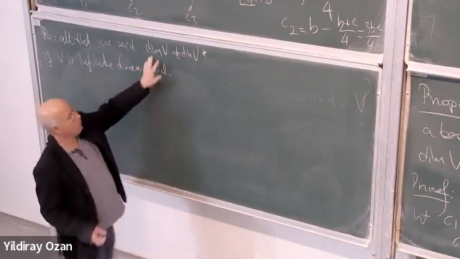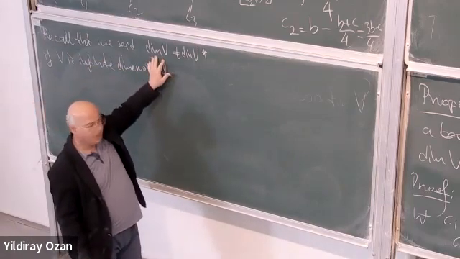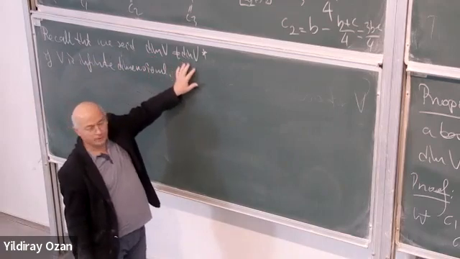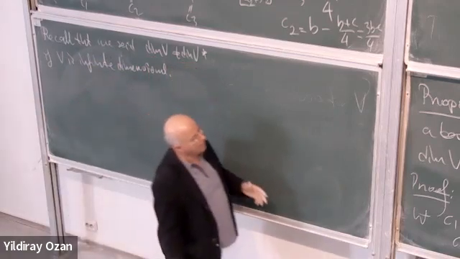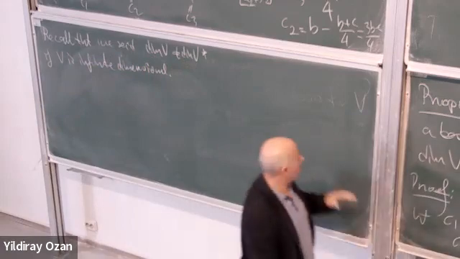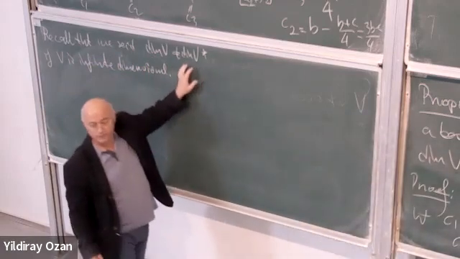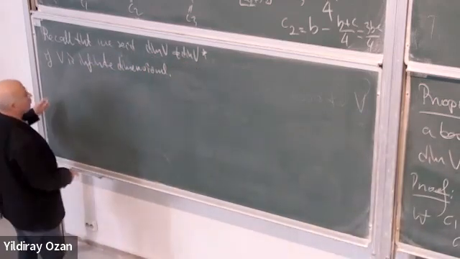Meaning that if you have a basis of this, then the dual basis defined this way will not provide you a basis for this. Okay, so let's do that.